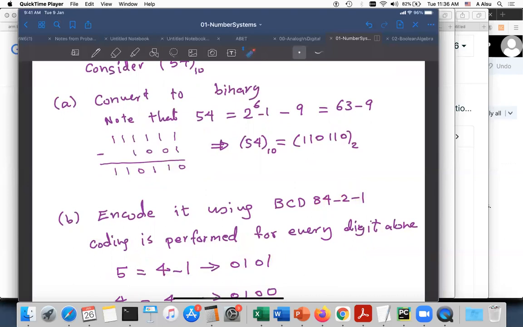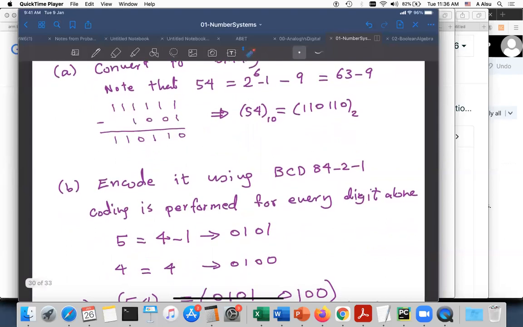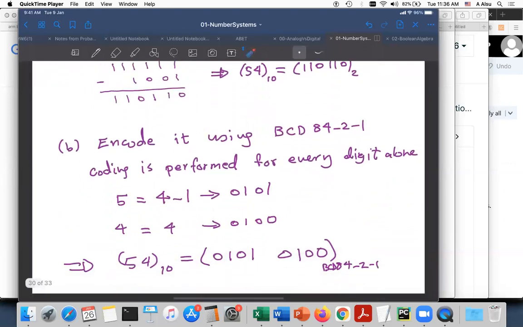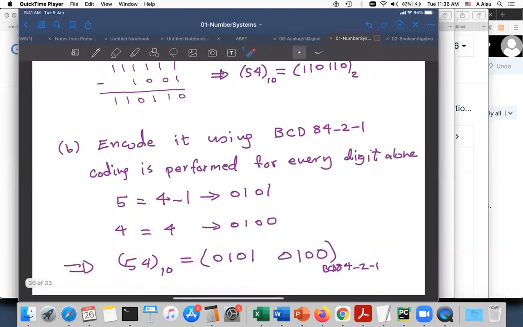So we have 5, which is 0, 1, 0, 1, and then the 4, which is 0, 1, 0, 0. Notice that it is the same code as 8421 as well. Why? Because we didn't need to use the minus 2 or minus 1.